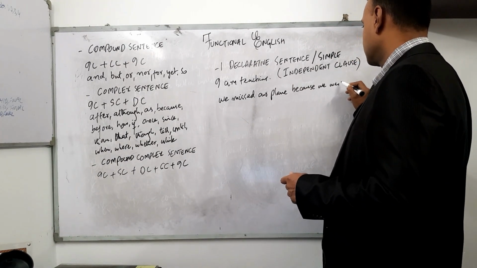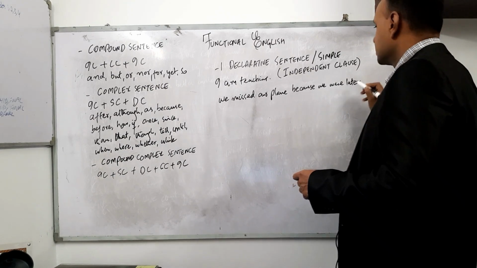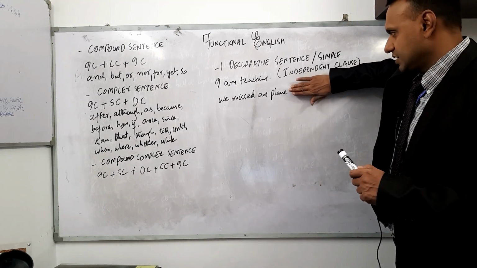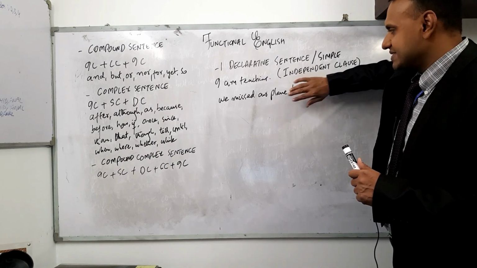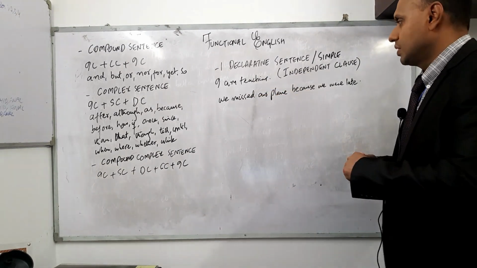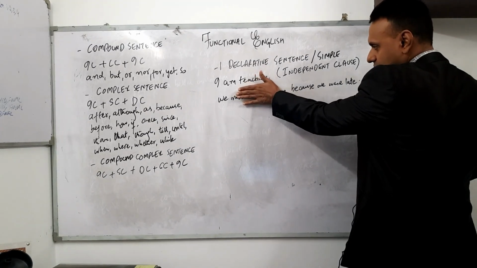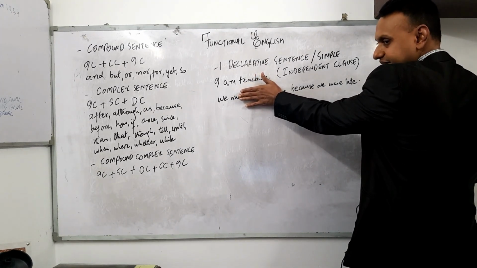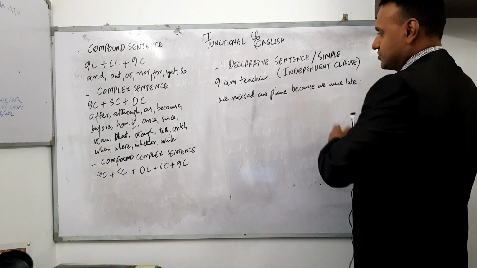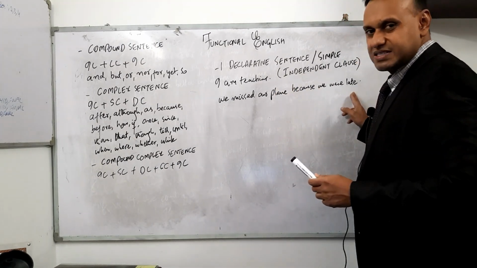We were late. So that's the sentence. So if you see this half of the sentence, if I hide this part, and if I say we missed our plane, that sentence makes sense on its own, and that's a complete independent clause. But if I hide this part and I just keep because we were late, that does not make sense on its own.